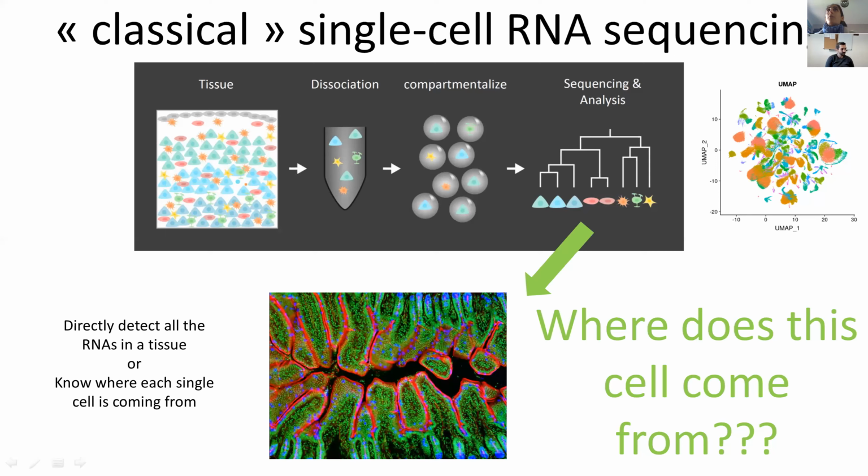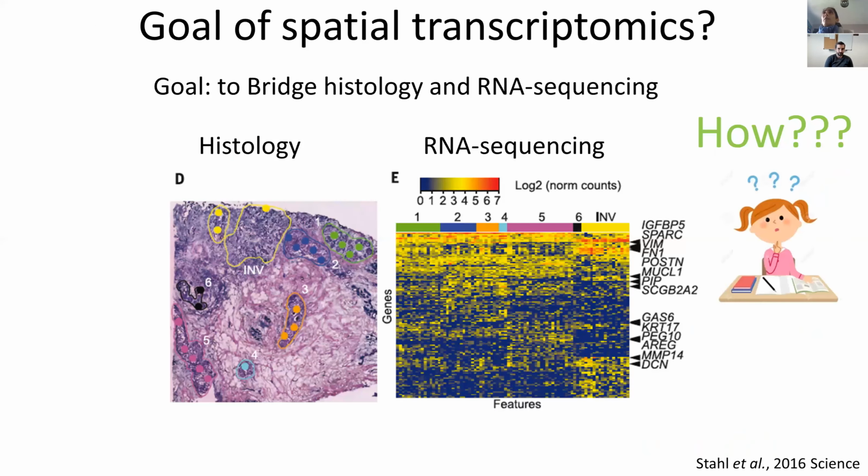So then what can we do? What we really want to do is either be able to directly detect all the RNAs in a tissue by imaging, for example, or be able to know, based on your single cell RNA-seq analysis, where each of those single cells actually came from. This is the point of spatial transcriptomics.